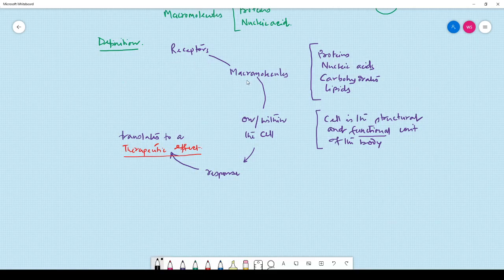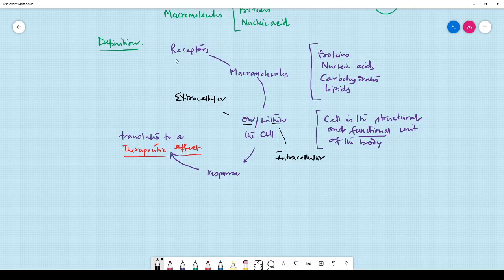Okay. So with this we have defined what a receptor is. Receptors are macromolecules present on or within the cell. When we say on, we mean they may be extracellular, within, they may be intracellular. Upon binding a drug, they produce a response which translates to a therapeutic effect.